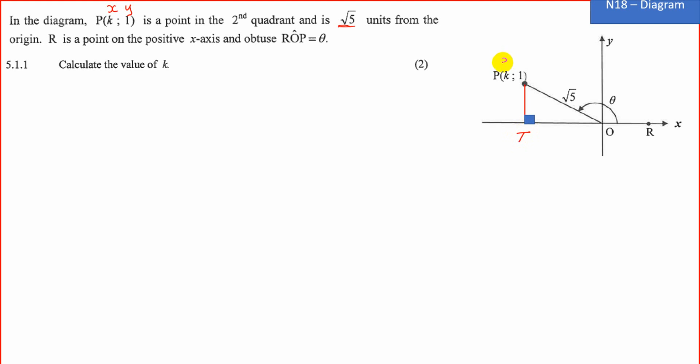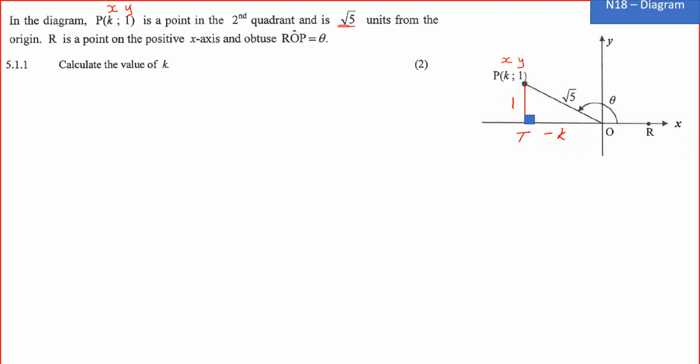Now we know that point P, the x value is k, so on the x-axis we will have k, and on the y-axis we have 1. Remember also that k is on the left, so we should end up with a negative value for k.